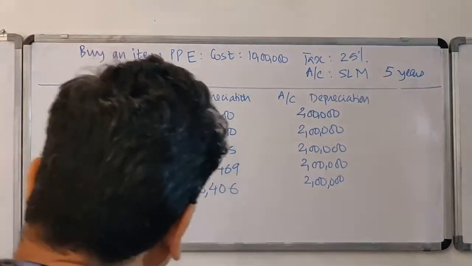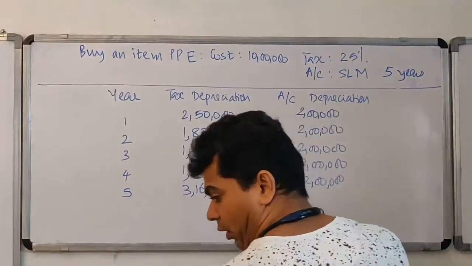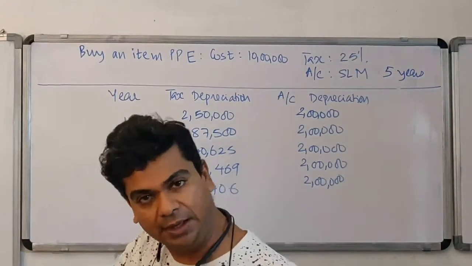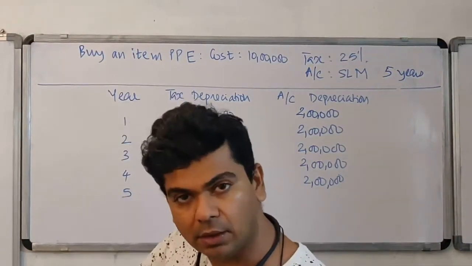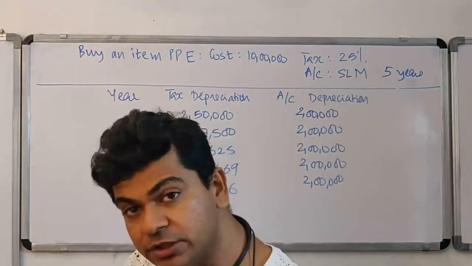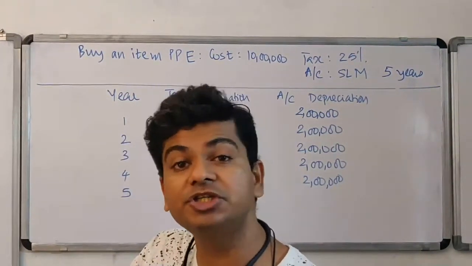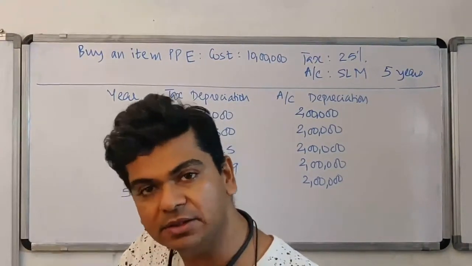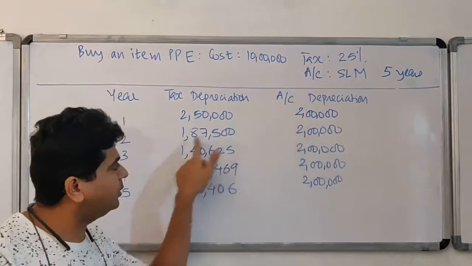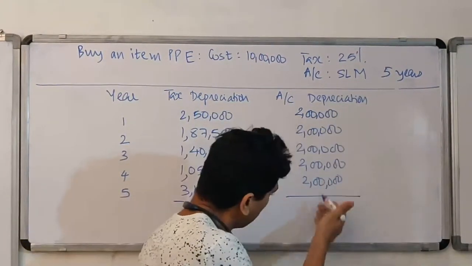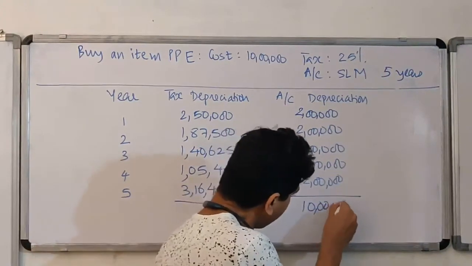Now, although there is a difference between the depreciation each year, we must agree on one thing. The total amount of depreciation charged in accounts and the total amount of depreciation charged for income tax is the same. Please understand this. Every year depreciation is different. But if I take a total, this total is very clear, it is 10 lakhs.